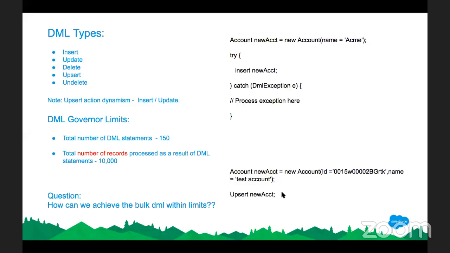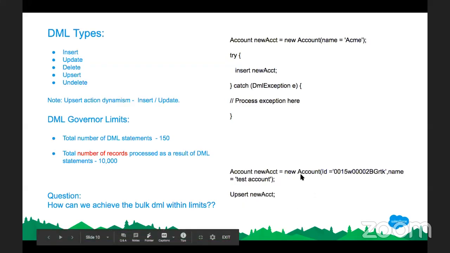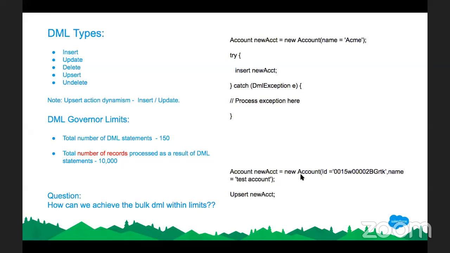At the same time, if I am not providing any value in this unique identifier, it will be considered an insert. So whether you are going to perform insert or update depends on which value you are giving to the unique identifier. Are you giving a value to the unique identifier like ID or external ID or not? Based on the value you give, the action will be performed, insert or update.